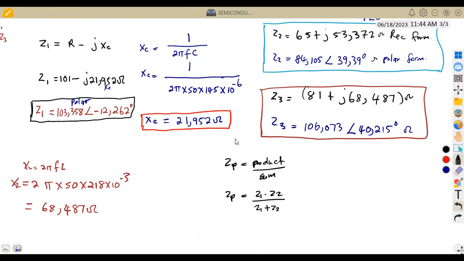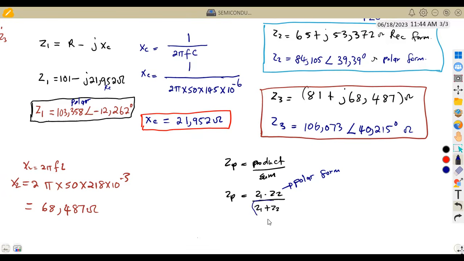Whenever you are dealing with a product, it's best for us to apply polar form. That is the best way to simplify complex numbers: when dealing with a product, or even a division, use polar form.